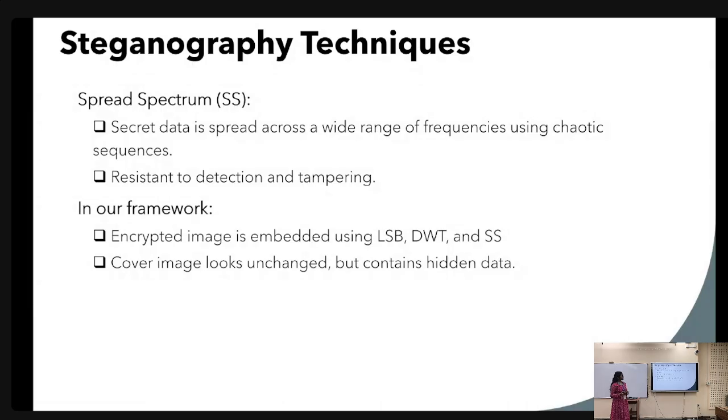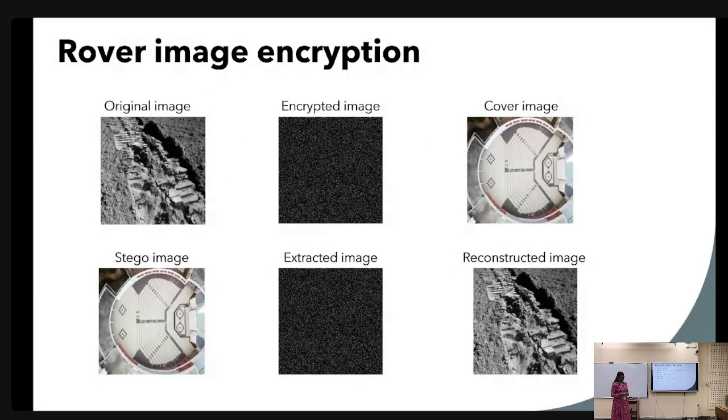So, in our framework, we are embedding the encrypted image on the cover image using these three approaches, and the cover image will look unchanged, but it will contain our hidden data. This image I have taken for my application is a rover image collected from Chandrayaan 3.